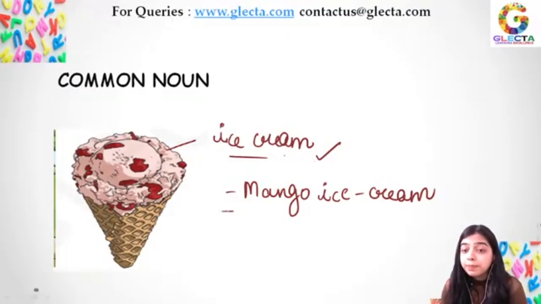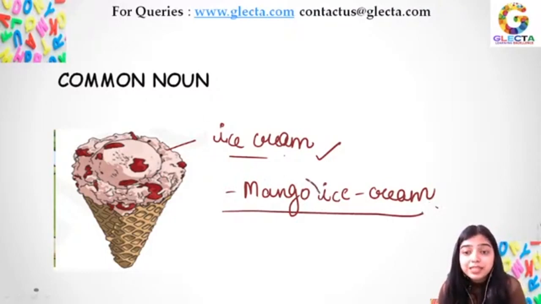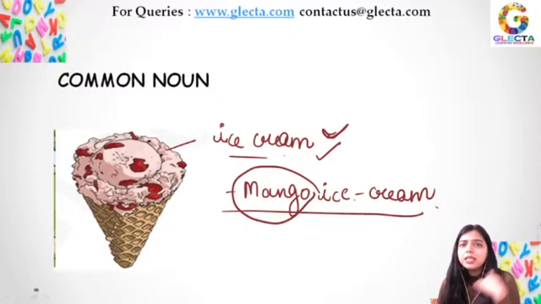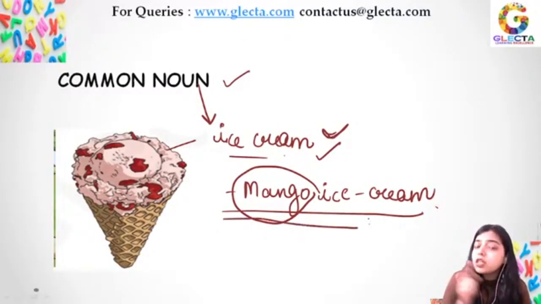But when I mention a mango ice cream, I'm giving you a specific name to our ice cream, which is what makes it different from the common noun. So now when I'm telling you an ice cream, common. There can be so many ice creams, there can be so many flavors, and it can be any ice cream. That means it is common to all of us. That is how merely using ice cream makes a common noun, and mentioning any specific name is not a common noun.